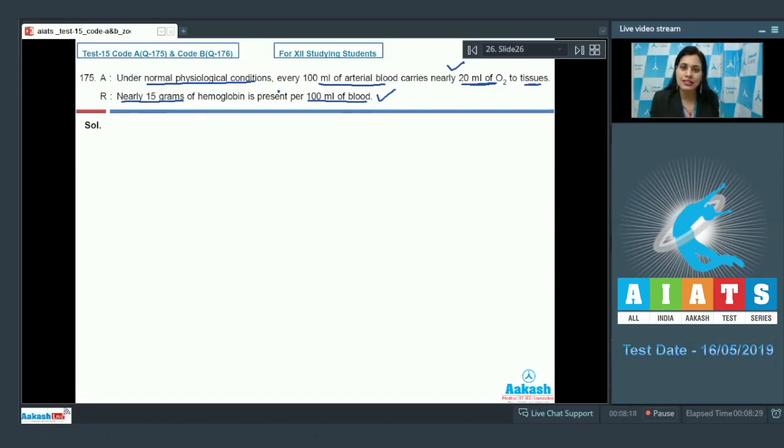Under physiological conditions, every 100 ml of arterial blood carries 20 ml of oxygen to tissues, because the oxygen carrying molecule called hemoglobin or Hb binds 1.34 ml of oxygen per 1 gram, and total amount of hemoglobin present in 100 ml of blood is nearly 15 gram.